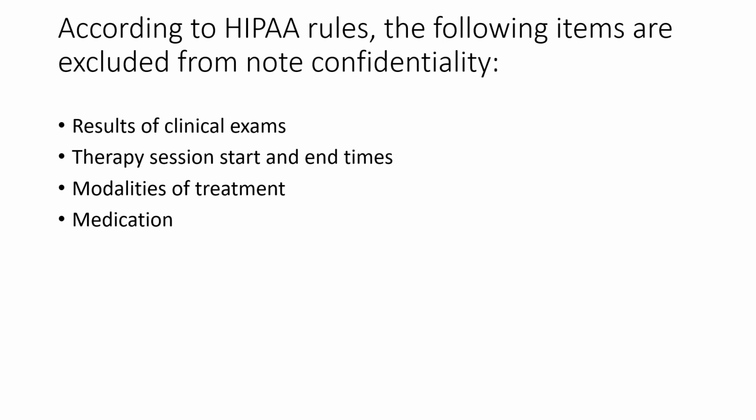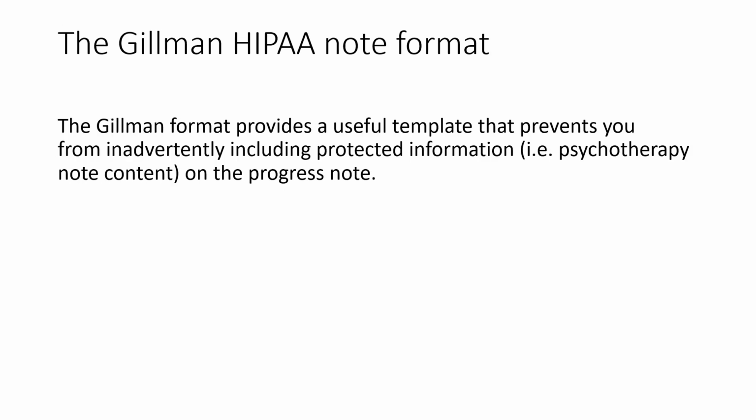Results of clinical exams, therapy session start and end time, starts at 10 a.m., ends at 11 a.m. The modalities of treatment. Am I using CBT? Am I using EFT? Am I using DBT? And medication. These items are excluded from note confidentiality.